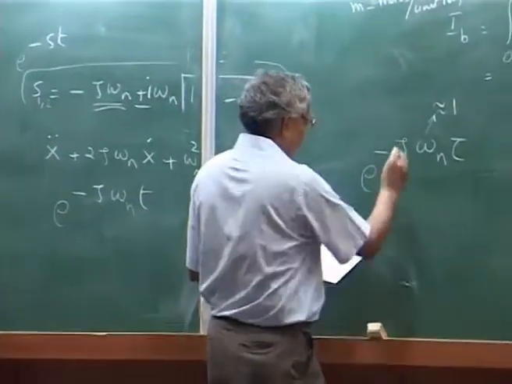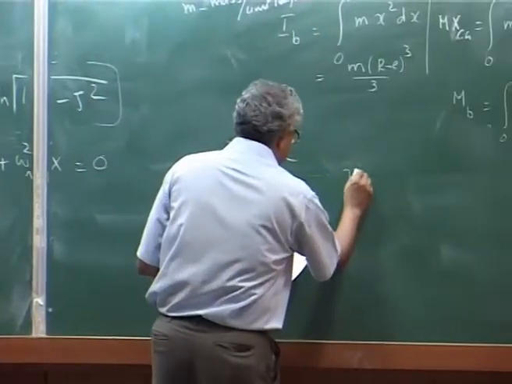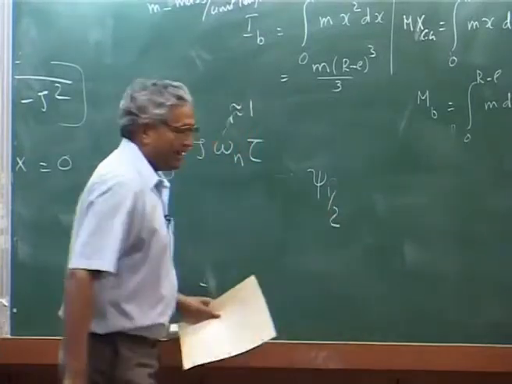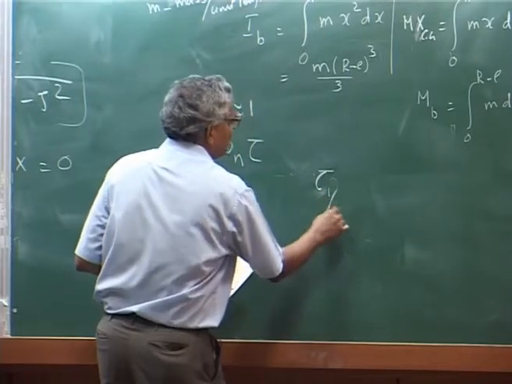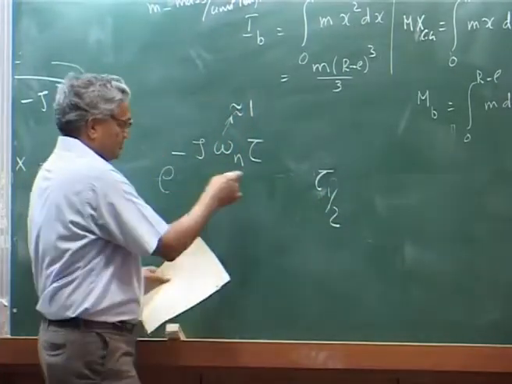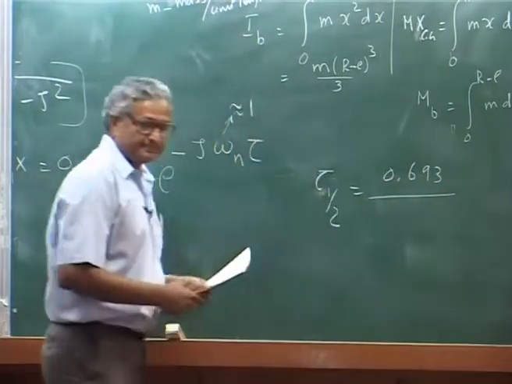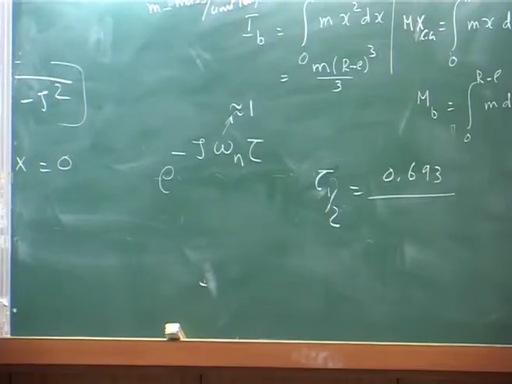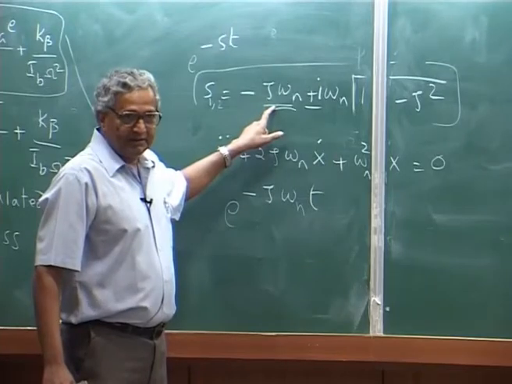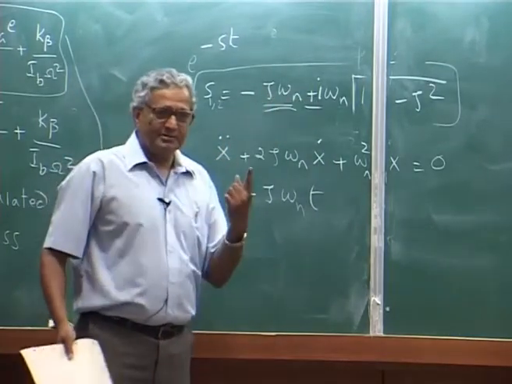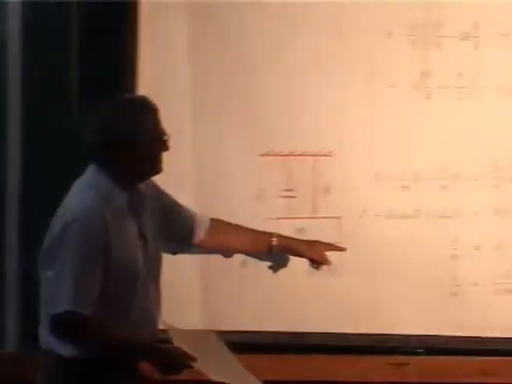So the time for half amplitude will be 0.693 divided by the negative real part of this, which is zeta omega n. Omega n we took as 1.